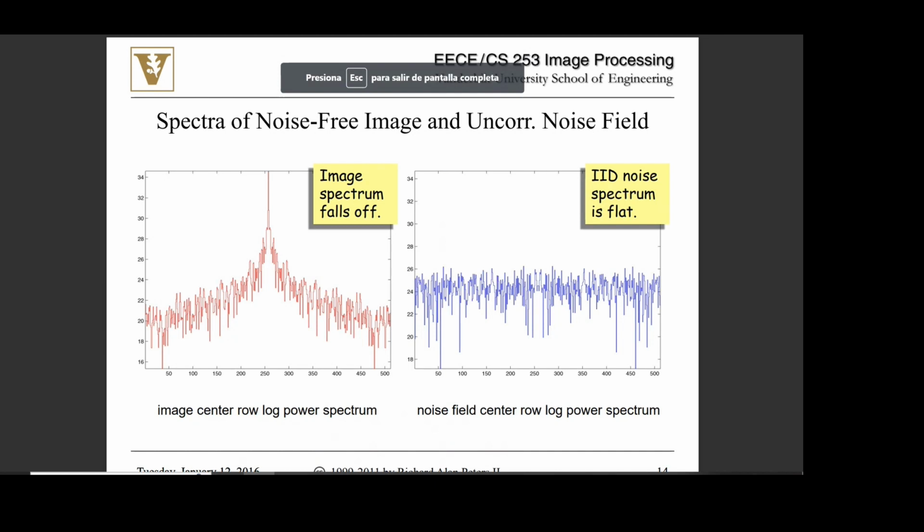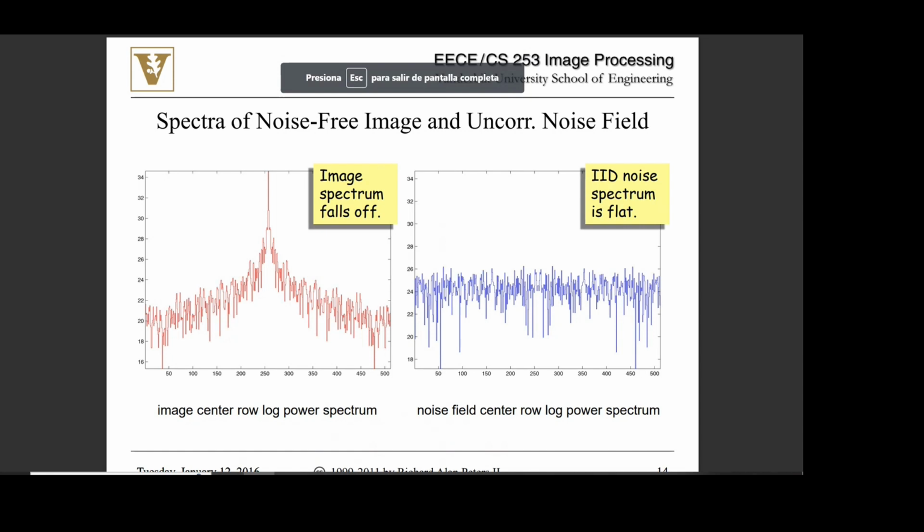Okay, so this is for the ideal image, and this is for the noise. For the noise, you will get something relatively flat. It is not completely flat because it is a realization, so it is just a random thing. If you repeat this process infinitely many times and you compute the average of all those profiles, you will get a constant. But just for one realization, what you get is something noisy. So this is the spectrum of the ideal image.